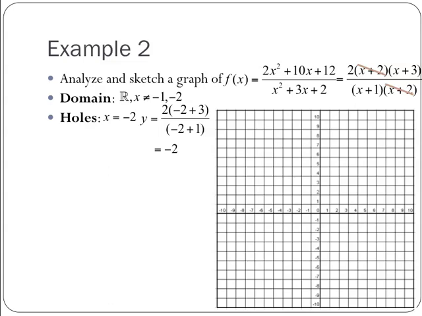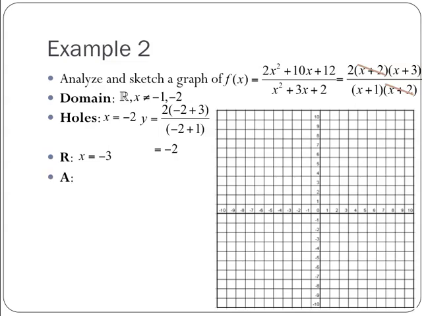All right, let's start the rest of the analysis now that we've simplified our rational function here. So are the roots anything that makes the numerator equal to 0? That would be at -3. Now, again, we're looking at the simplified rational function.